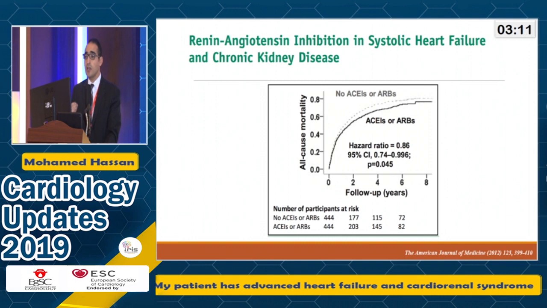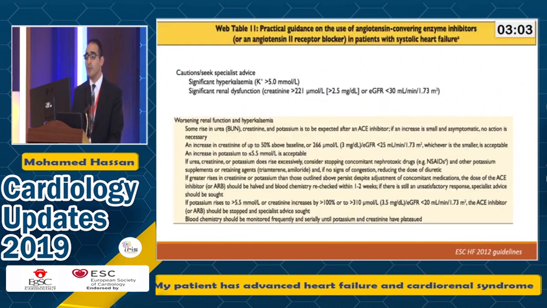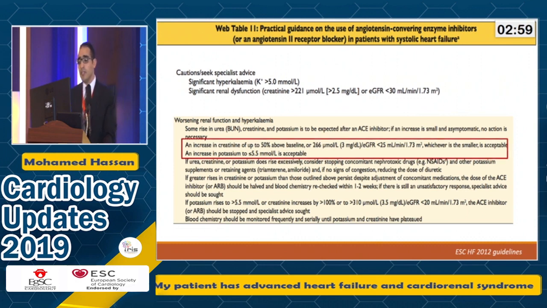But how can you use it? We know from the guideline that you may not use it, or use it with very, very cautious, if the serum creatinine is more than 2.5 and GFR is less than 30. But if the serum creatinine is less than 2.5 or the GFR is more than 30, you can start ACEIs or ARBs. You can expect some increase in the creatinine and kidney function.